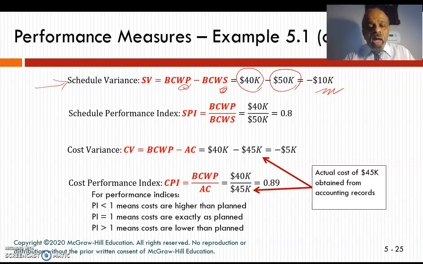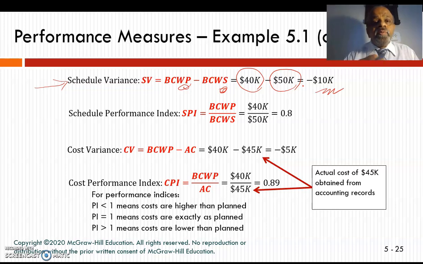Whether it is negative or positive tells us how the variance is going to be. When you say negative variance, usually that means it's not good. A positive variance is better, or good.